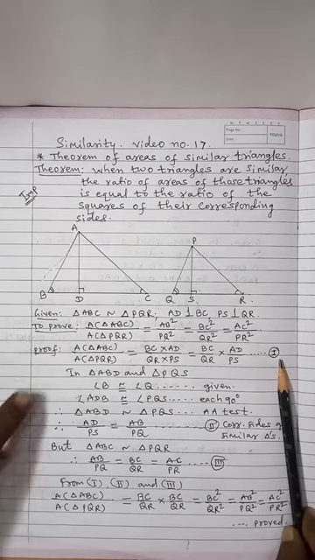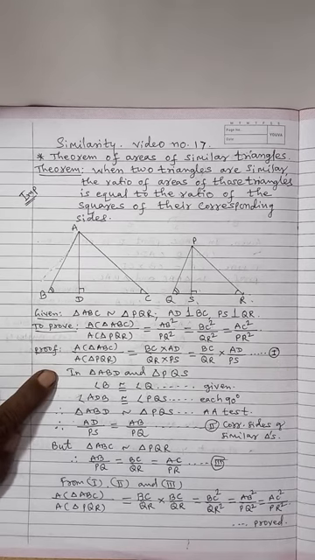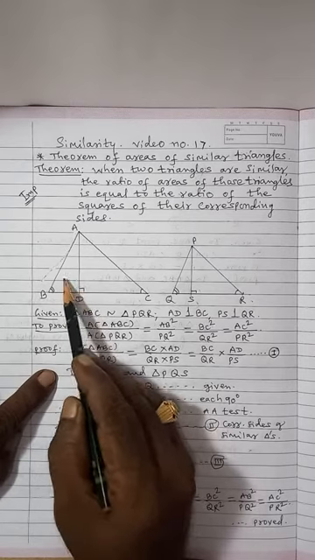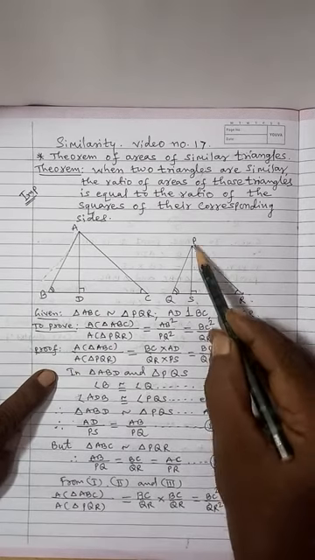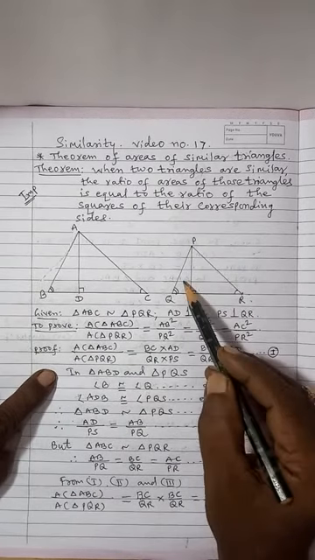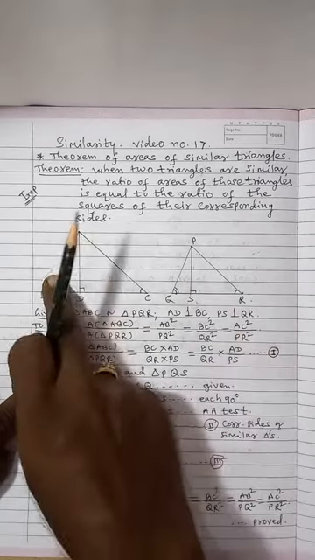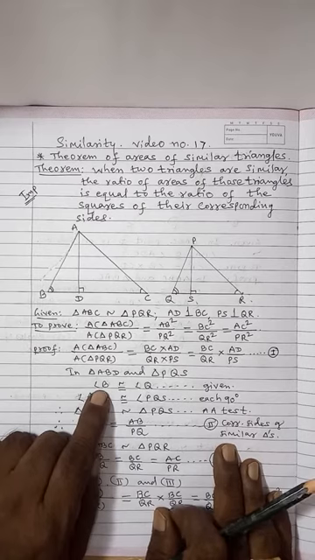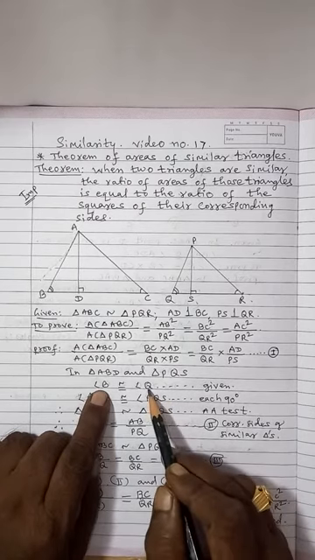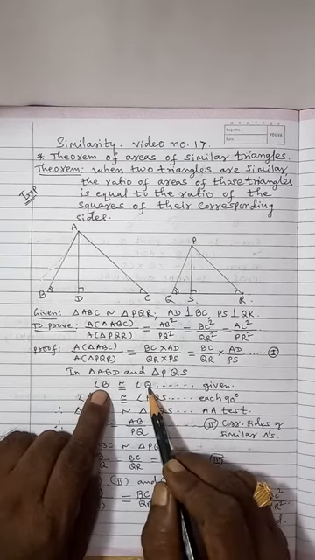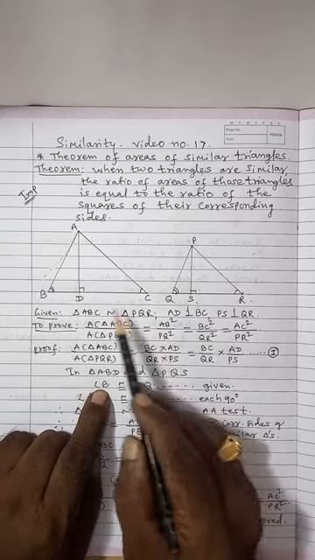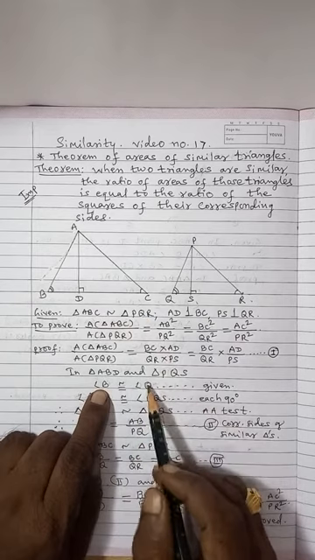Now see here. In triangle ABD and triangle PQS, pay attention, angle B is congruent to angle Q. How? It is given that triangles are similar, so corresponding angles are congruent.